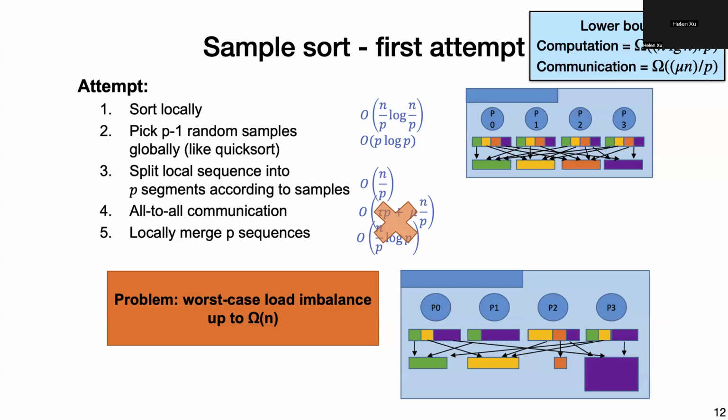The problem with this is that it doesn't solve the imbalance issue that we had previously, because you could pick worst case pivots, like all the elements are going to one processor. So the worst case imbalance is up to omega n, like all the elements are going here. Does that make sense?